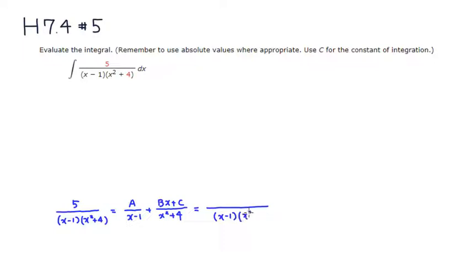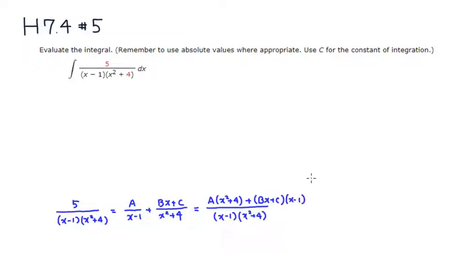You have x squared plus 4, and you're going to multiply A by x squared plus 4, and then multiply Bx plus C by x minus 1.